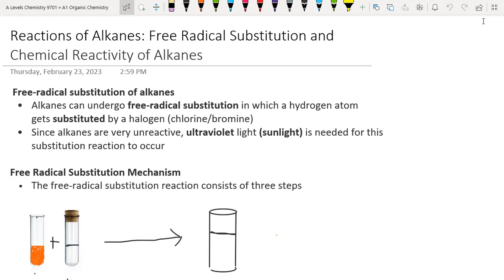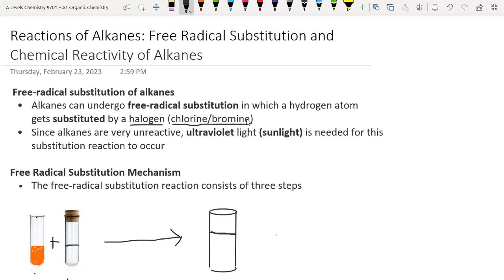Free radical substitution of alkane. Alkanes can give only two types of reaction. The first one was combustion, which we discussed in our previous video. The second one is free radical substitution. Free radical substitution takes place under a specific condition, as a result of which one hydrogen is substituted by a halogen like a chlorine or bromine atom.